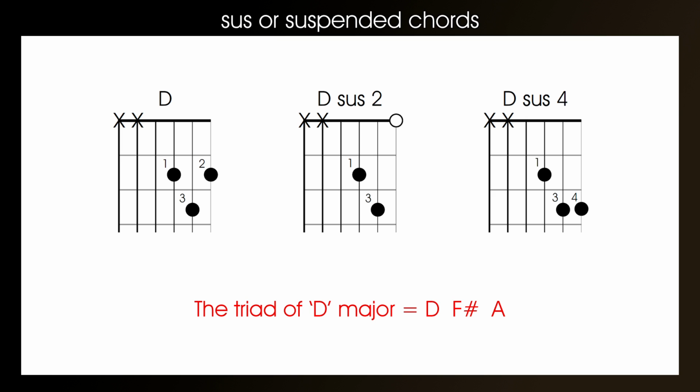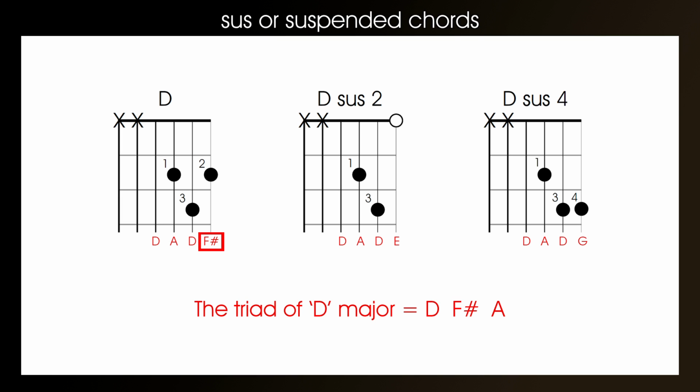Right, let's get back to our D major, and you'll notice that the notes it's made up of are D, A, D and F sharp, and the triad is D, F sharp, A. Hopefully you'll remember that when we created the D sus2 and the D sus4, we were no longer playing the 2nd fret on the top E string, which was the F sharp.